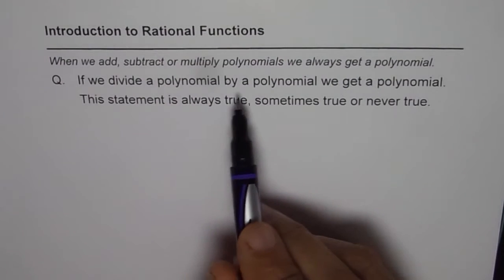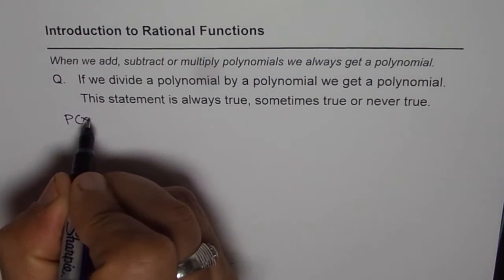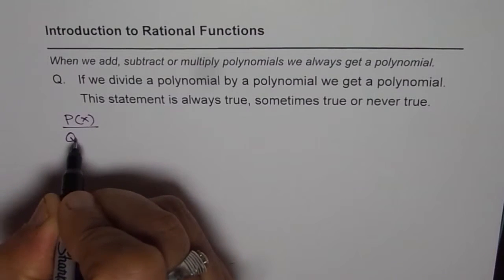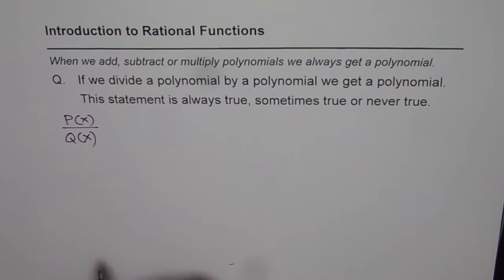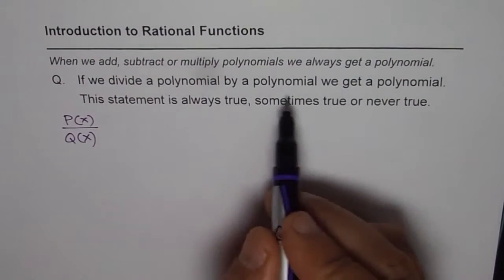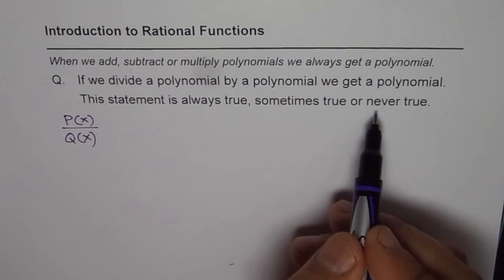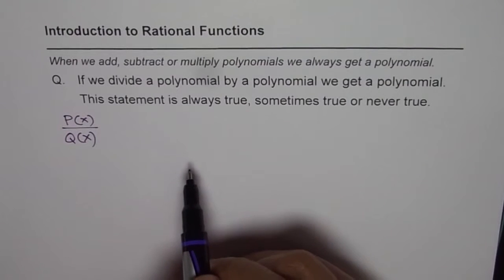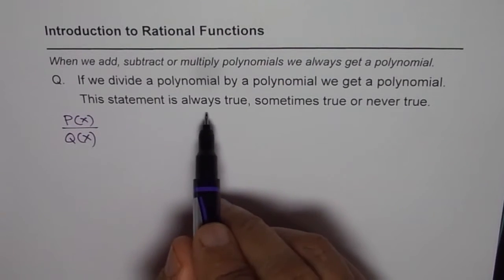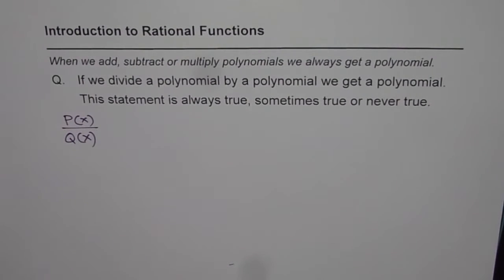But if I divide two polynomials, that is to say, if I have two polynomials, p of x and q of x, and that's the operation I perform, will I get a polynomial or not? Or do I get polynomials sometimes, or is the answer never? So is this statement always true, sometimes true, or never true? That is what we need to understand, and that's the very basic question which you need to answer.